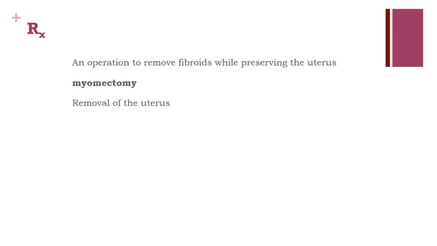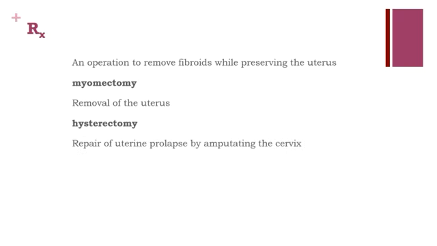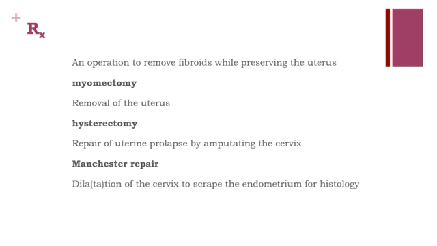Removal of the uterus is called hysterectomy. Repair of uterine prolapse by amputating the cervix is called Manchester repair. Dilation of the cervix to scrape the endometrium for histology is called dilation and curettage.